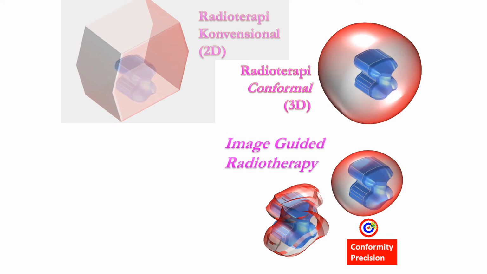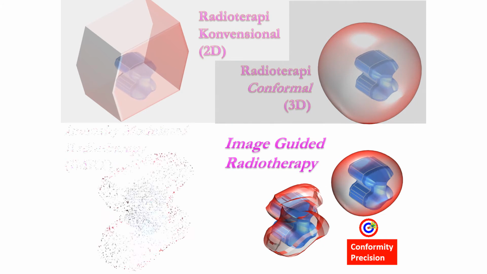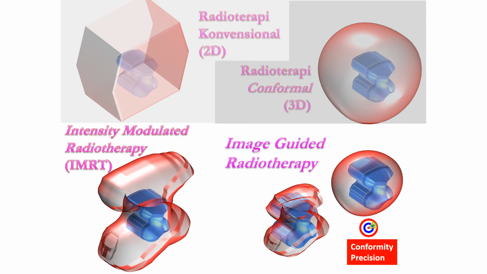Now with 3D methods, the portion of normal tissue surrounding the target can be reduced in the shape of a tube or an egg. And if we use IMRT, then the radiation beam can be shaped according to the target's shape. All the target's curves can be followed.